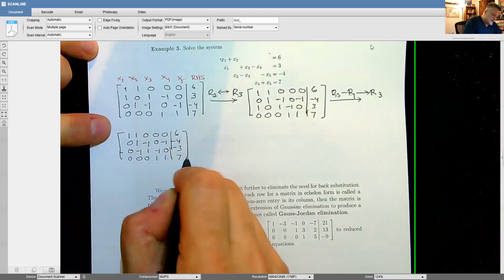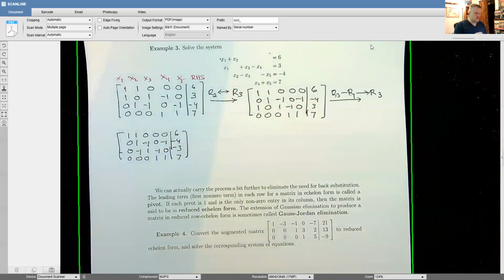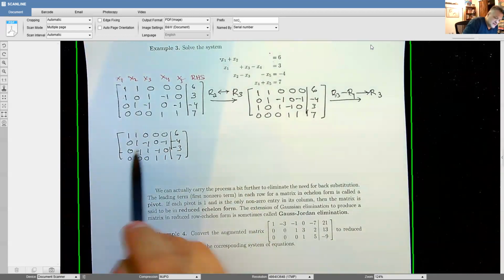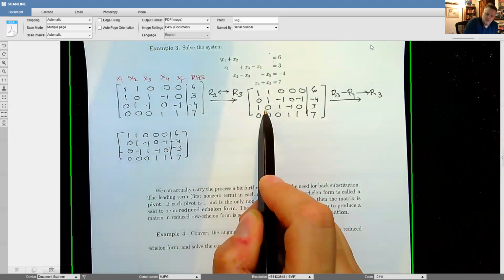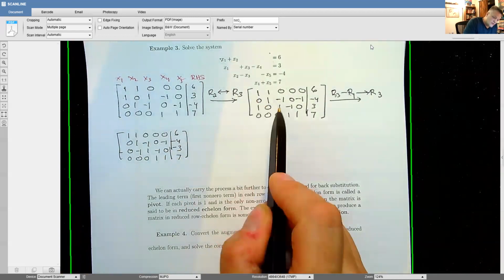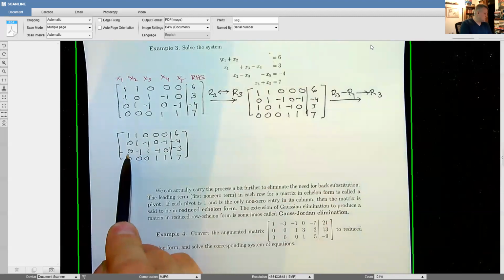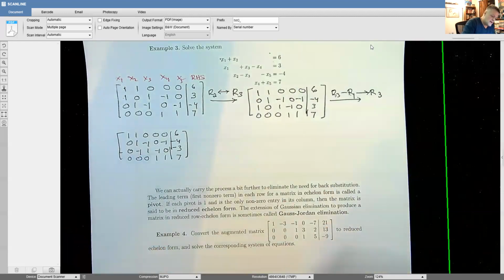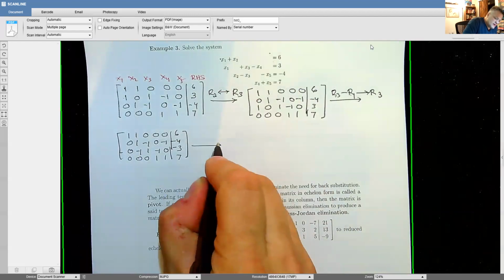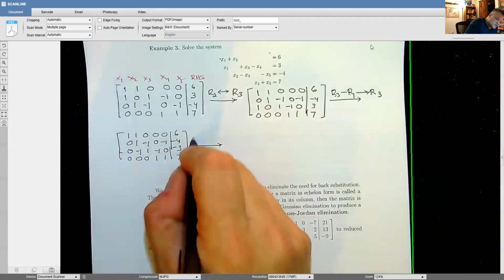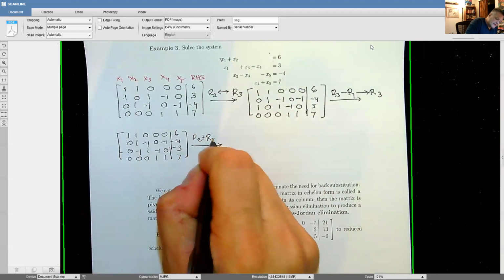All right, so now you see my hesitance. I had foolishly assumed that I would be able to keep that 0 there. But remember, you have to subtract every component entry-wise. And so I happened to get rid of the 0, but I gained a 1 there. No problem. What I can now do is add R2 to R3 and replace R3 by that.